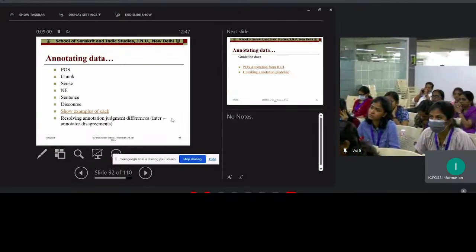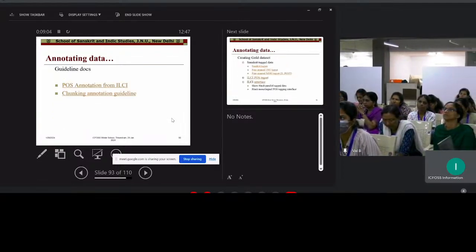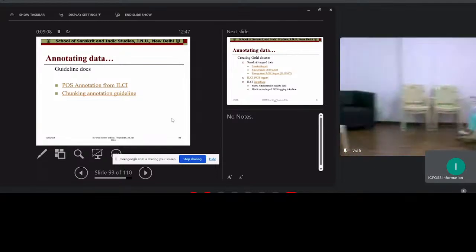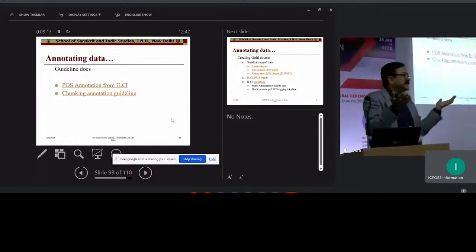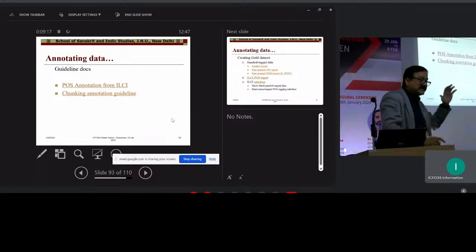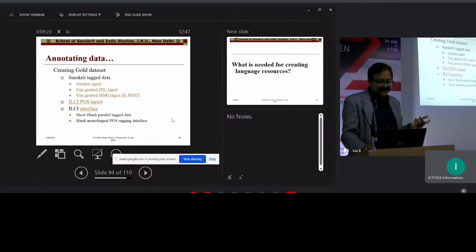Therefore, we have to resolve all these disputes in coming up with the exact annotation. Then we have to have a guideline document on how to annotate part of speech. Unless you have guidelines, people will go crazy. You come up with data which is unusable. You spend a lot of money and effort in creating data, and then it is not usable.